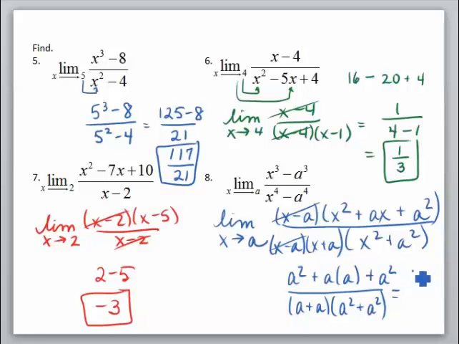So on the top I end up with a 3a squared, and on the bottom I have a 2a times a 2a squared, which gives me a 4a cubed. And then I can simplify that just a little bit by reducing and getting 3 over 4a.